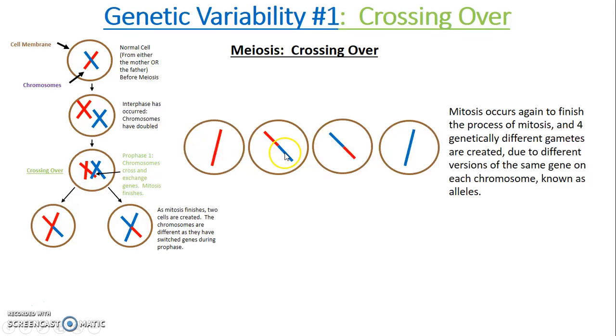So what happened is that those 4 gametes were created, but they're different versions because they have the same gene on each chromosome, but the gene is slightly different. It could be saying have brown eyes or have blue eyes. And so even though the gene is still saying eye color, it's saying a different eye color. And so that difference is called an allele.